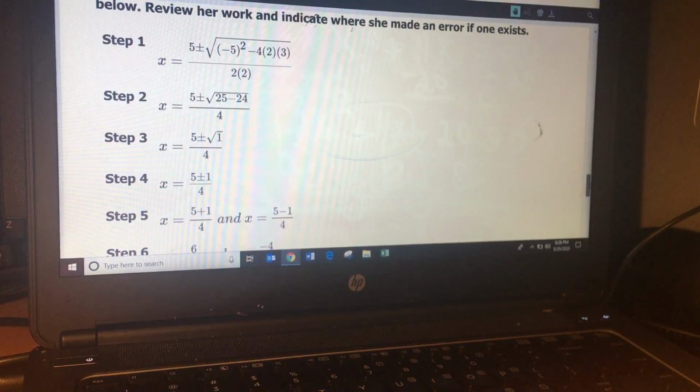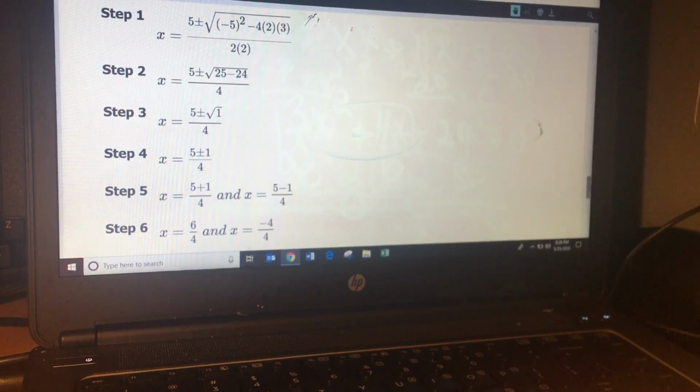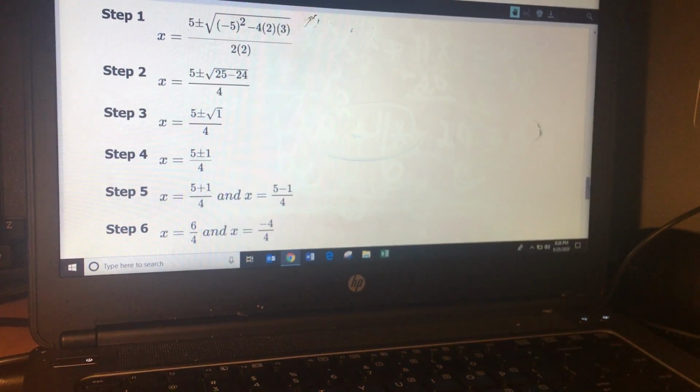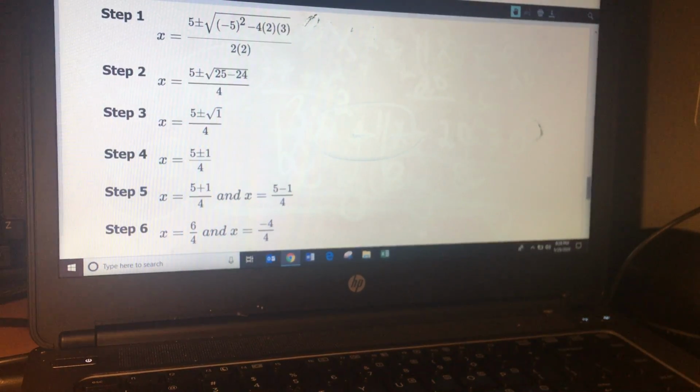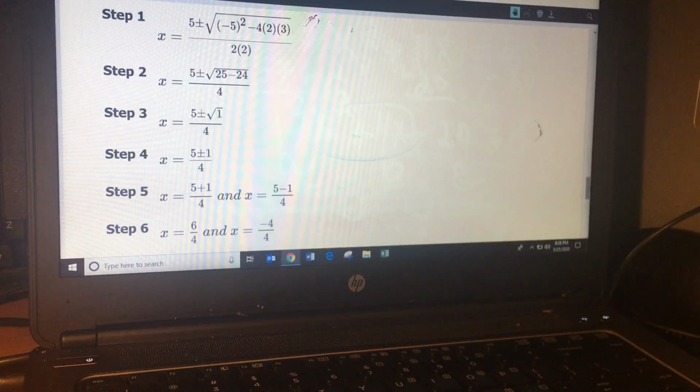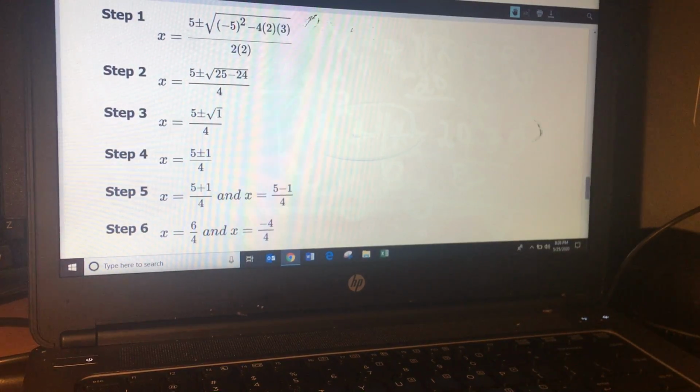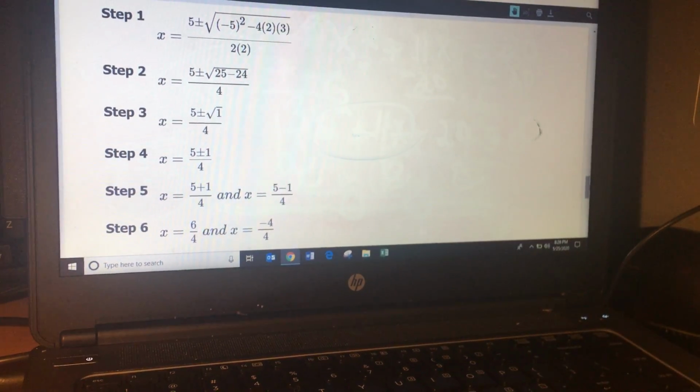Okay. What they're asking here is to see where the mistake is in this problem. I worked it up by hand, but let's see if we could find that before we do anything. So if we plug it in, might be easier just working it out by hand.